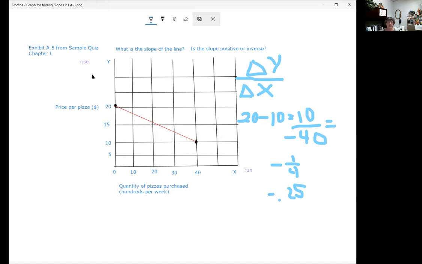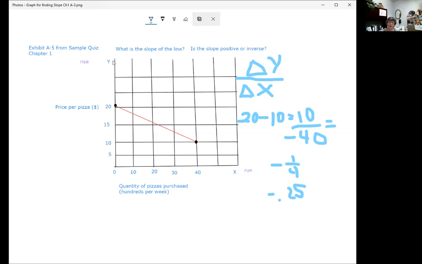Now we're going to calculate the slope. The formula to find the slope is in your textbook, in chapter 1, A3. Slope equals rise over run, and that is equal to the change in the vertical axis over the change in the x-axis.